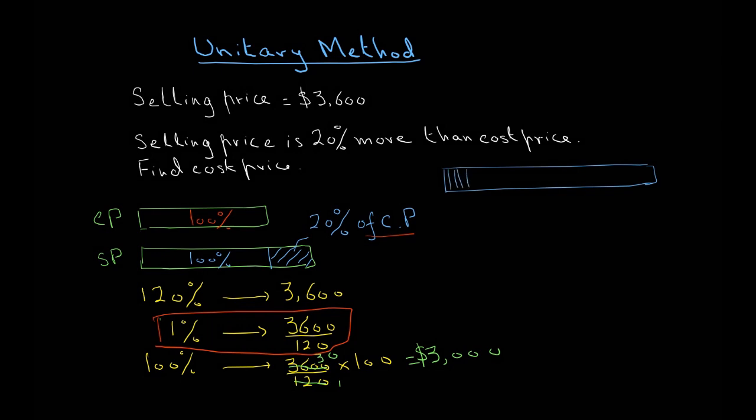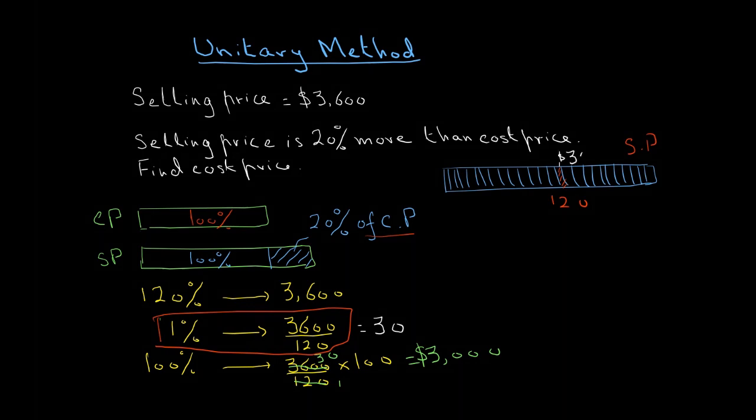So we make 120 small pieces of this, and each small piece is worth exactly $30 because 3,600 divided by 120 is $30.